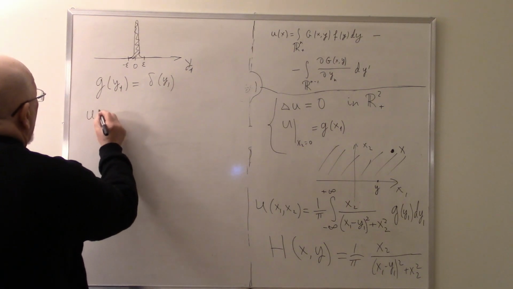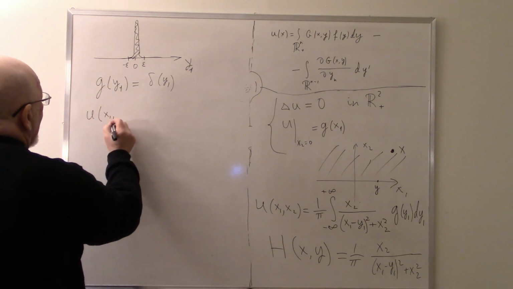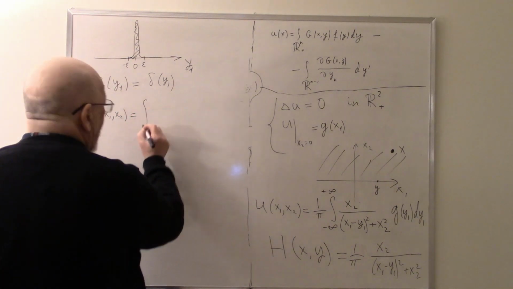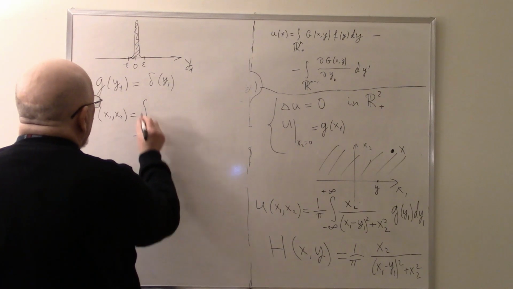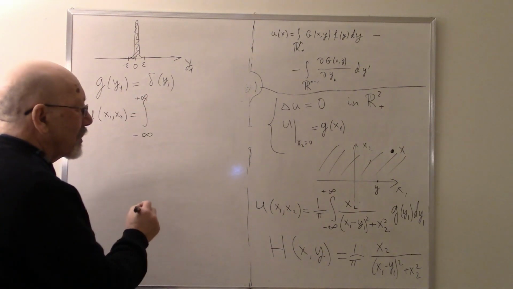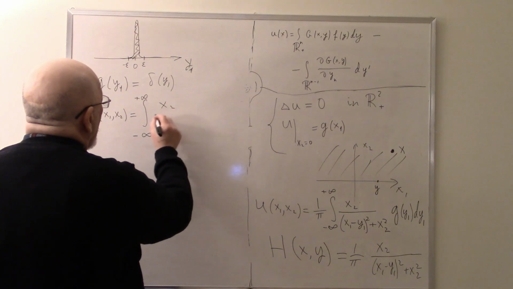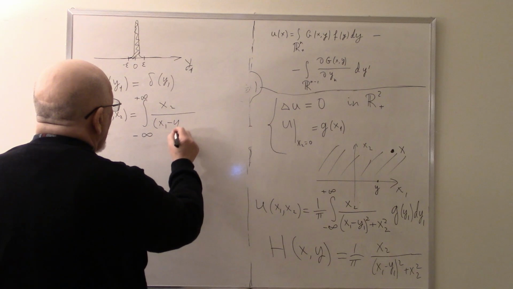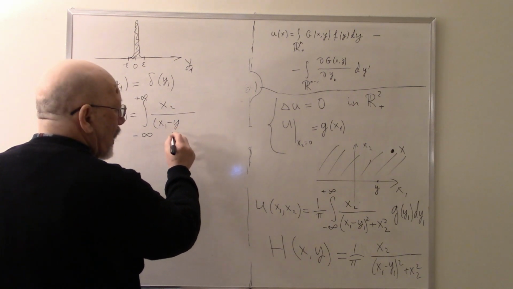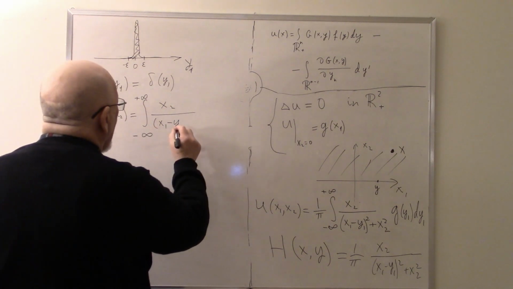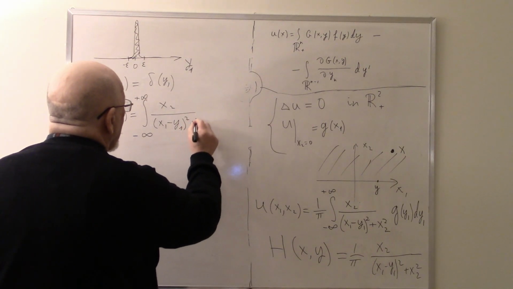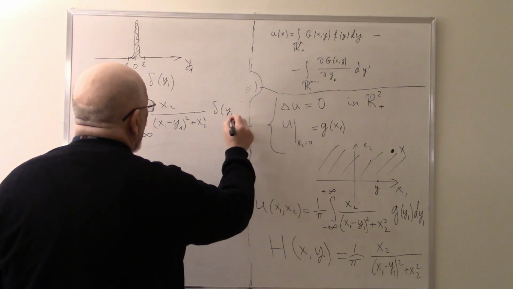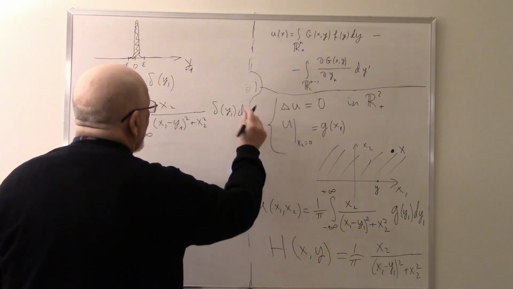Then u of x1, x2 equals the integral from minus infinity to plus infinity of x2 over (x1 minus y1) square plus x2 square, times delta of y1 dy1.